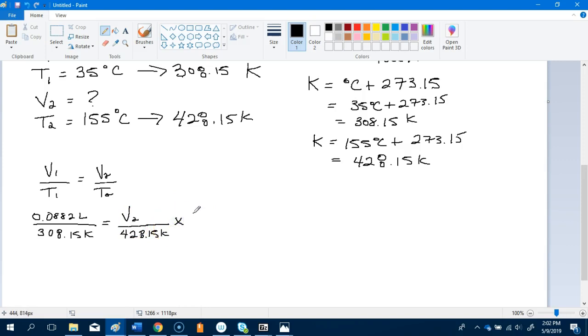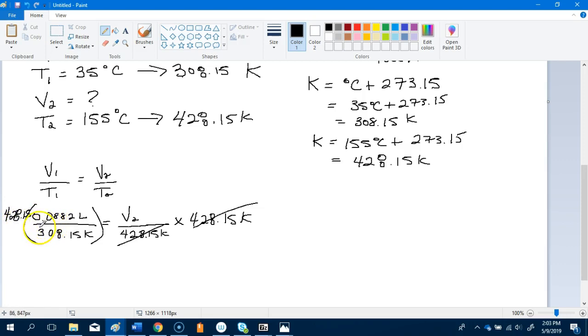It's multiplication. So I'm going to multiply by 428.15 kelvins. That cancels out. And of course, whatever I do on this side, I also have to do on the other side, so I multiply by 428.15 there too.